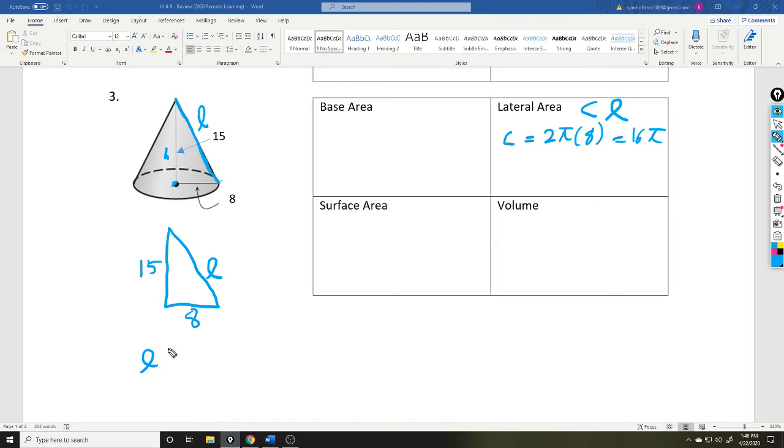You're going to do slant height squared, that's the hypotenuse, side opposite the right angle, equals 8 squared plus 15 squared. Boom, boom. And that will give you your slant height to plug in here. You should get a nice whole number here. You shouldn't get a decimal.